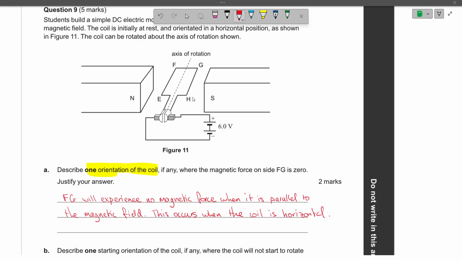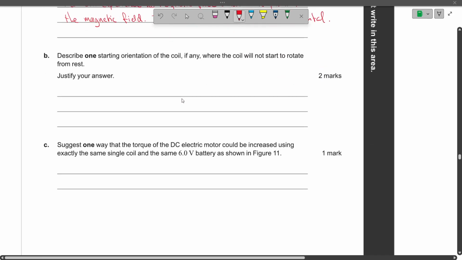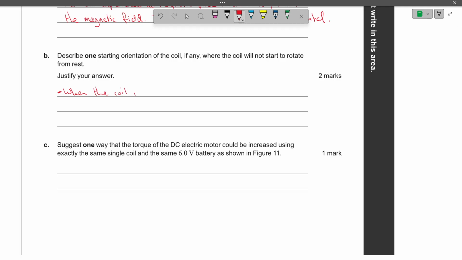But basically, when the coil is vertical, the force on, so I'll just start writing it out. When the coil is vertical, that's the starting position. But why? So now I explain why.